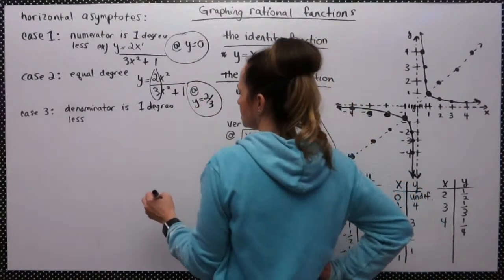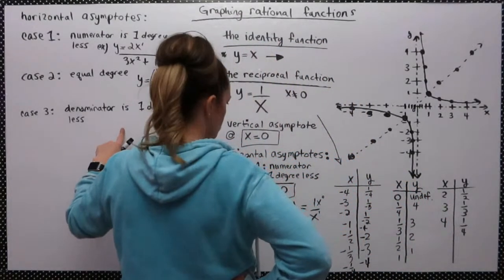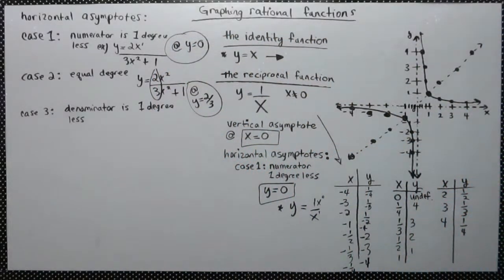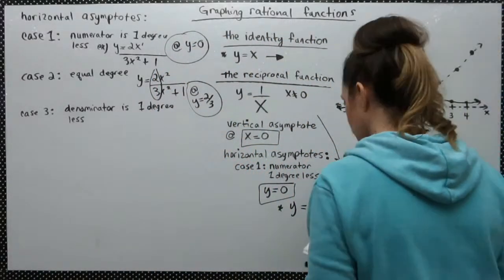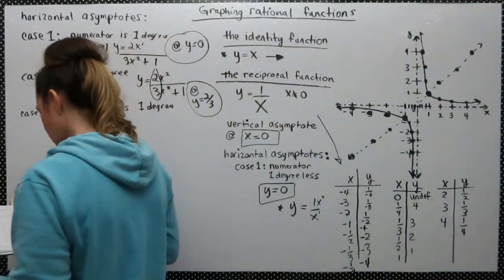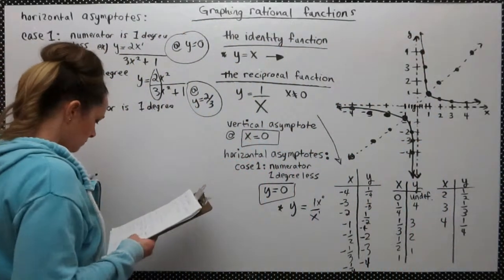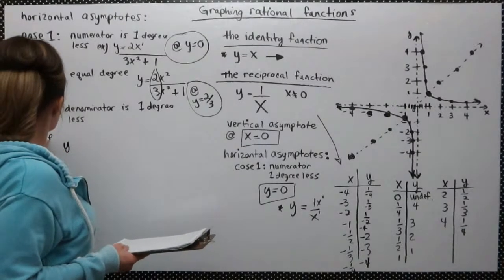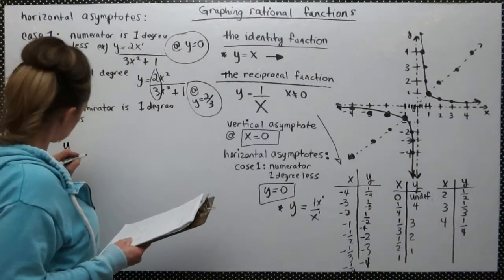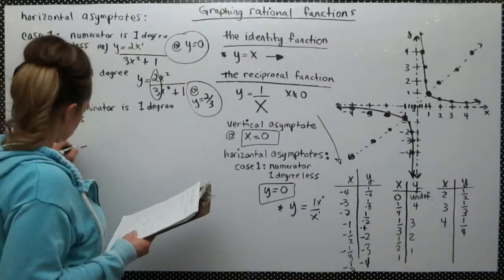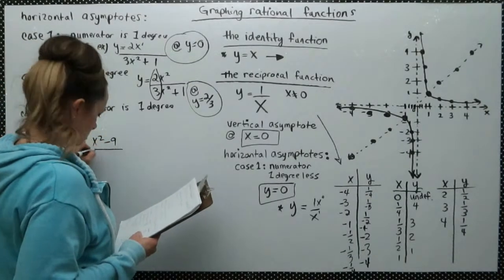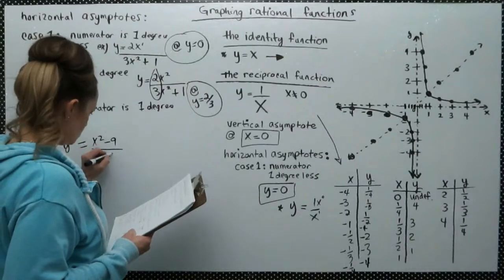And then if your denominator is 1 degree less, I thought I had one written down for this one. Here. If your denominator is 1 degree less, then I wrote this one. You have y equals x squared minus 9 divided by x minus 4.